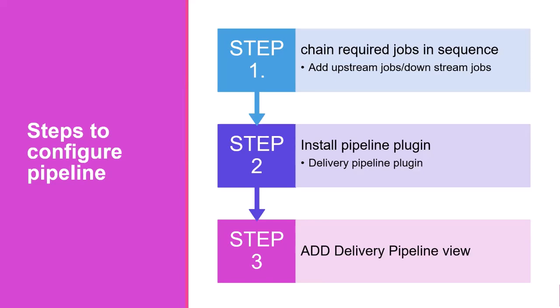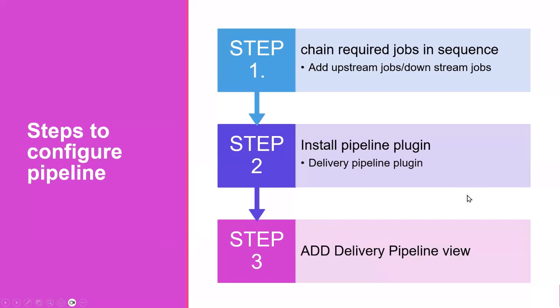Okay, so the other day we have seen that we can install the build pipeline. Build pipeline is a view, just one view that shows the link connection between one job and another job, the sequence of jobs, how they are connected. So step 3 is add delivery pipeline view.